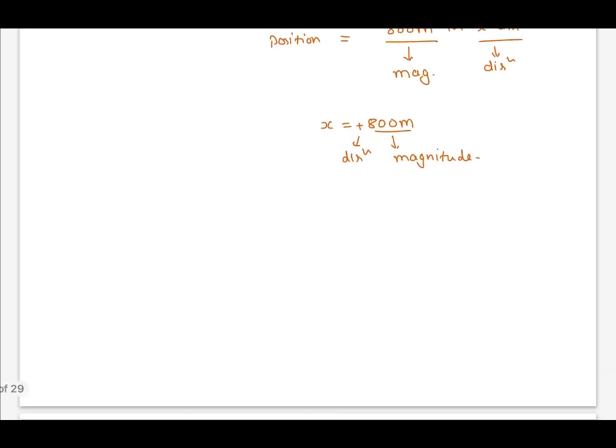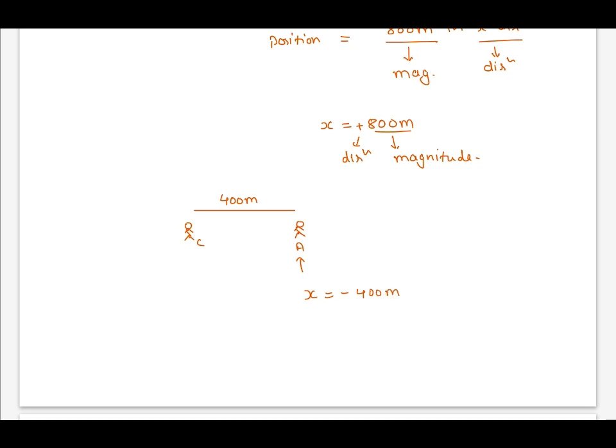The same man, this is A, now wants to meet another friend C, but now the distance between them is say 400 meters. So now we have to give information to A such that he is able to meet his friend C. So now I will say x is equal to minus 400 meters.